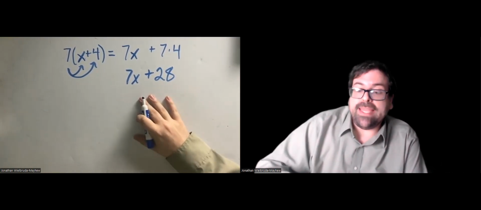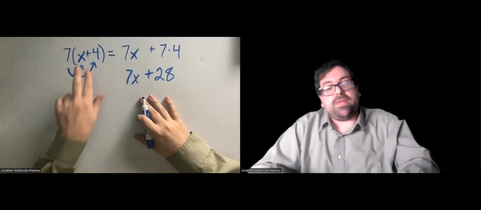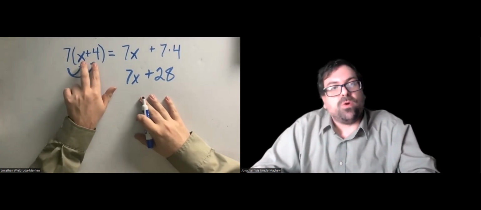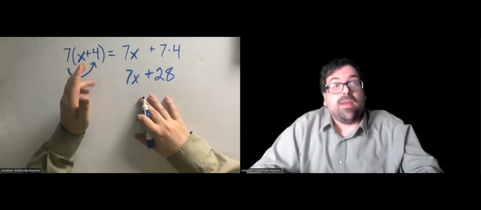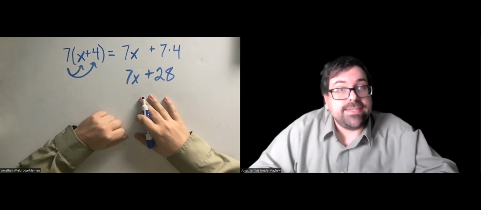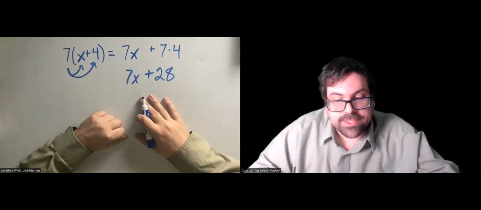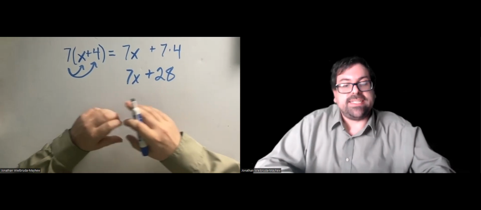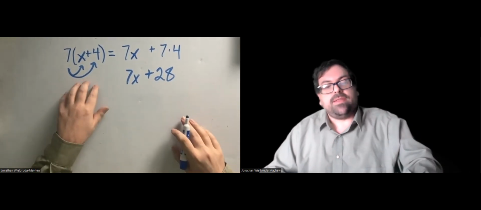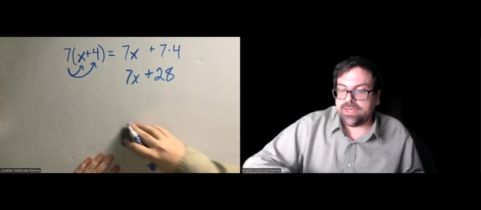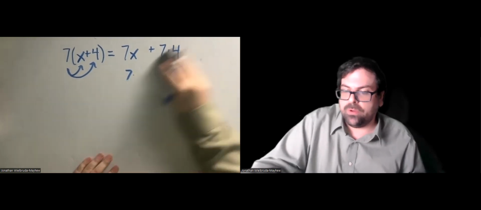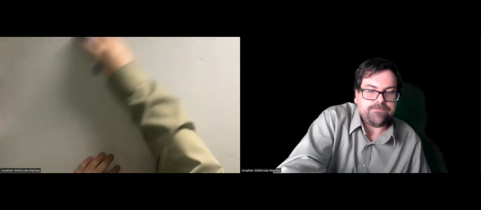That's the only way we can get 7x plus 28 because we can't add x plus 4 together. We can't add number things with x things. So this gives us a way to expand out things like this that we wouldn't necessarily otherwise be able to do anything with.